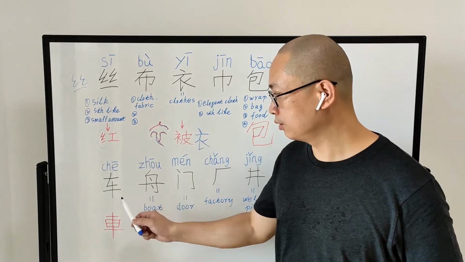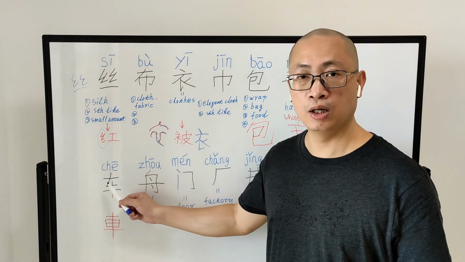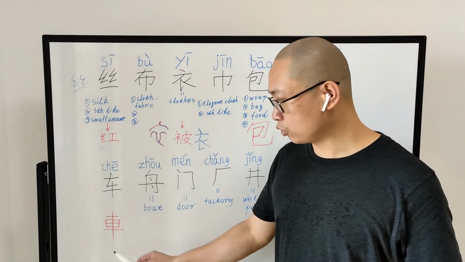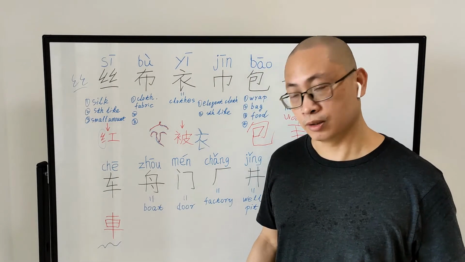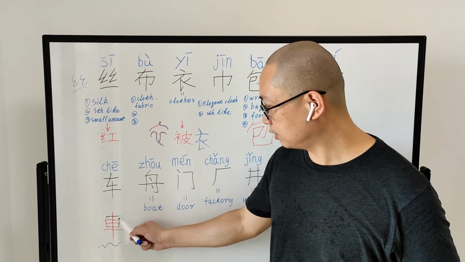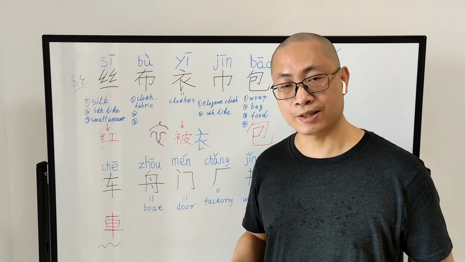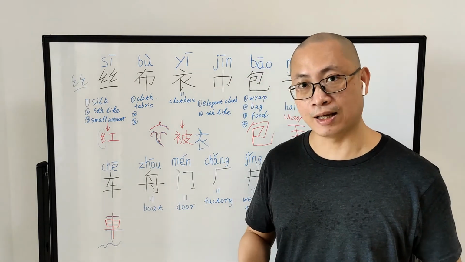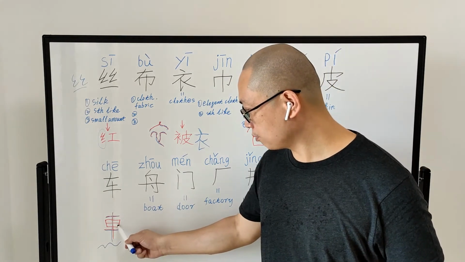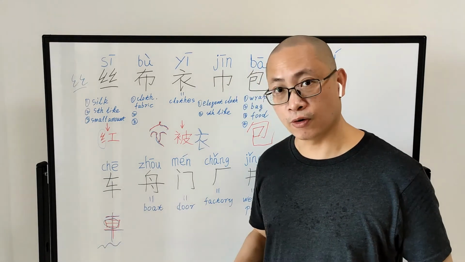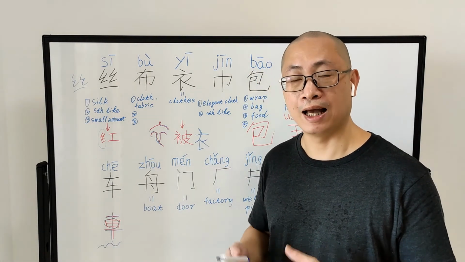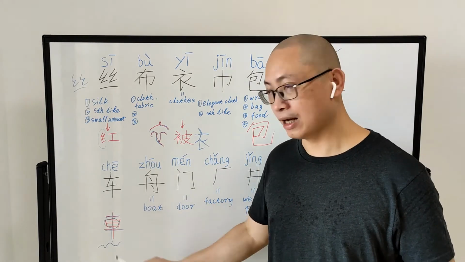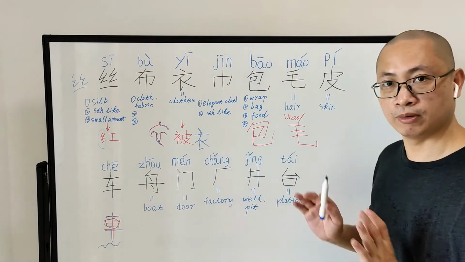Next character, 车, first tone. Check this classical Chinese character. These two lines, just like wheels. This horizontal stroke, just like an axle. This part for carrying things, people, etc. Then we regard any transportation like this as 车, for example, like this.